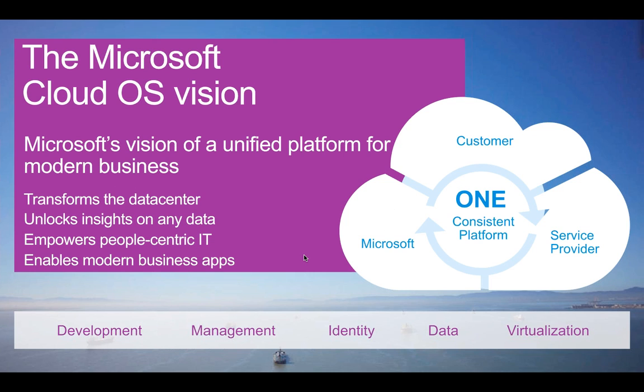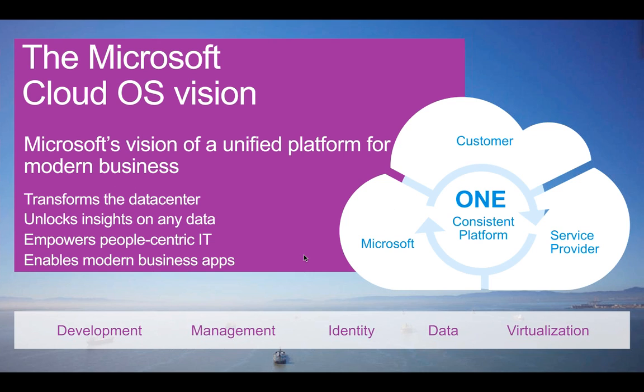Empowering people-centric IT. As we all know, device proliferation amongst your employees, customers, and partners is huge. It's not only different devices but different OSs and different form factors that are storming into any IT setup, and that's one of the important needs.